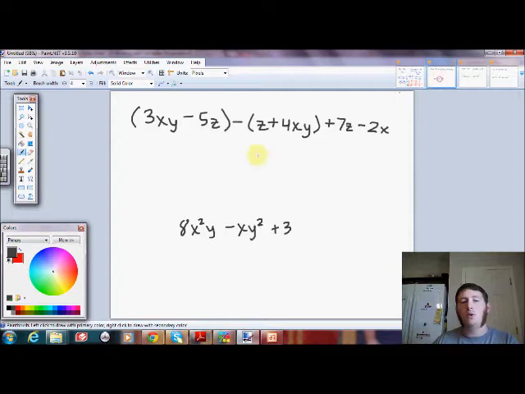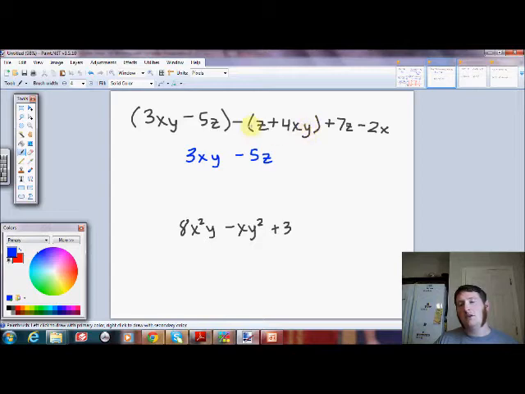Alright, a couple more combining like terms problems. This one's the trickiest because there's a lot of different variables running around, and a couple different sets of parentheses. So I'm going to line this one up as I go and then combine things. 3xy minus 5z. These parentheses didn't really do anything because I can't combine these together.